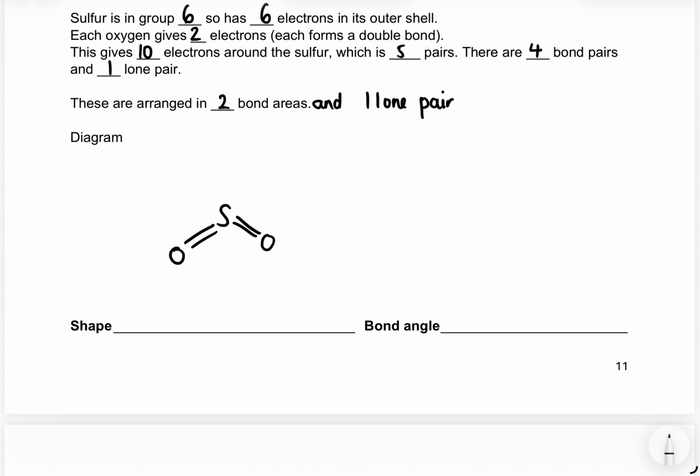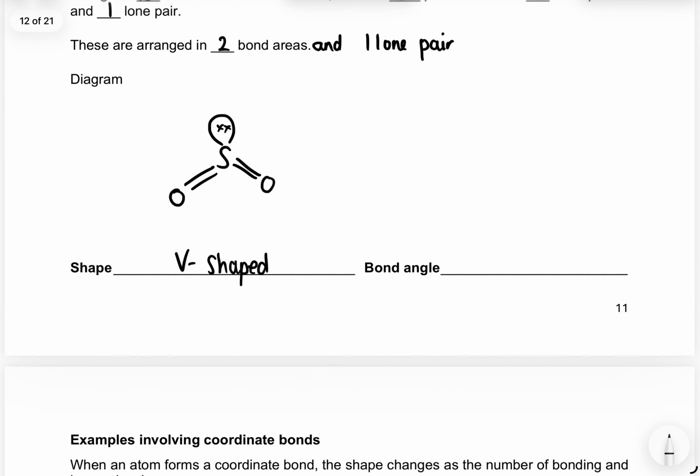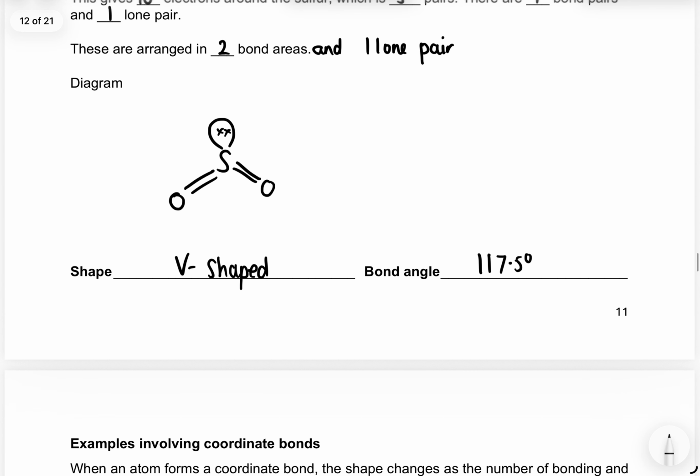So we've got this kind of V shape with a lone pair on top. Bond angle 117.5, because it's those 3 spreading out areas, 120, but minus 2.5 for the lone pair.